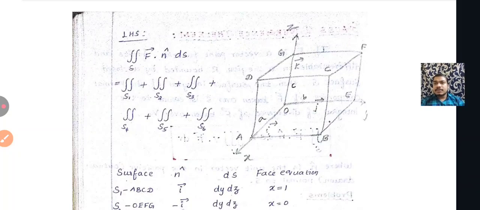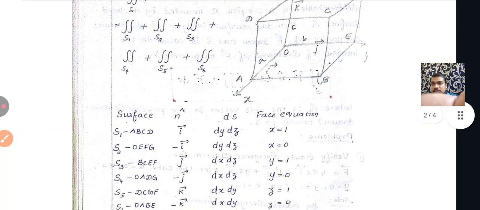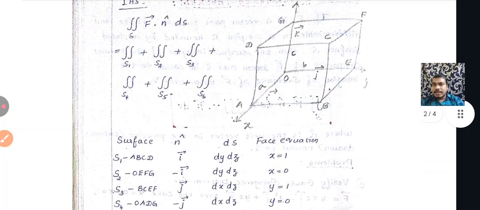So we first find the double integral over S1. In surface 1, the face equation is x equal to 1, and the points A, B, C, D form surface 1.